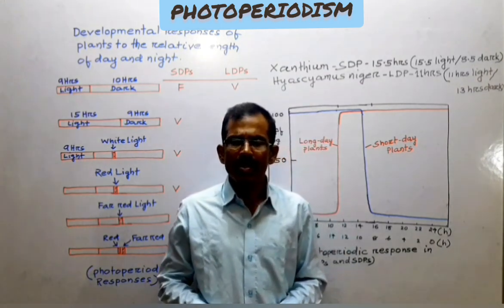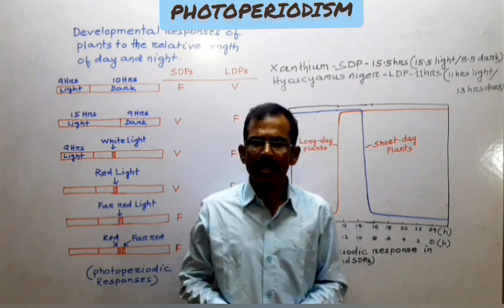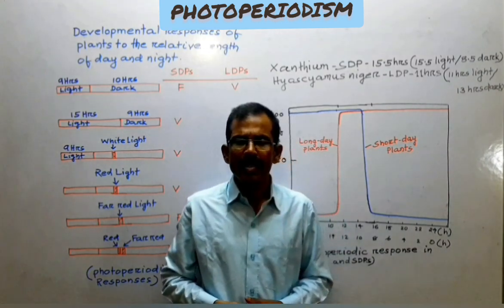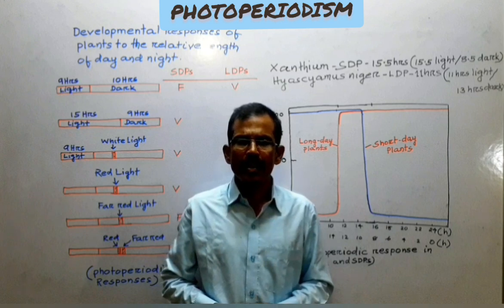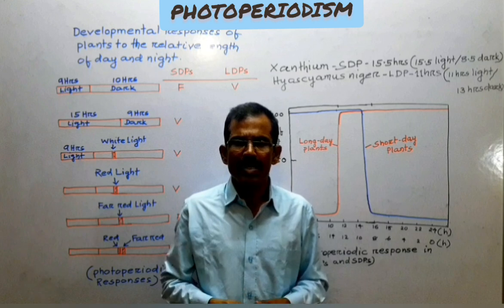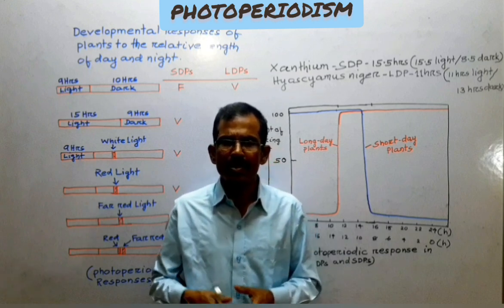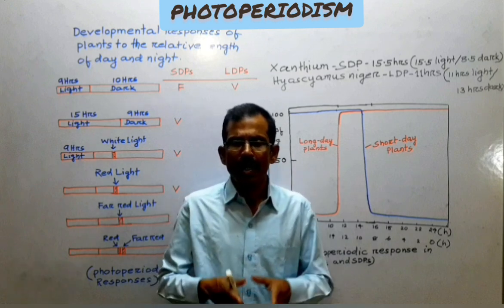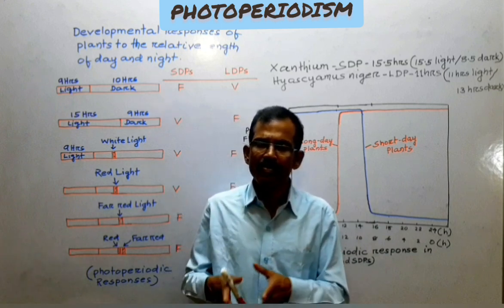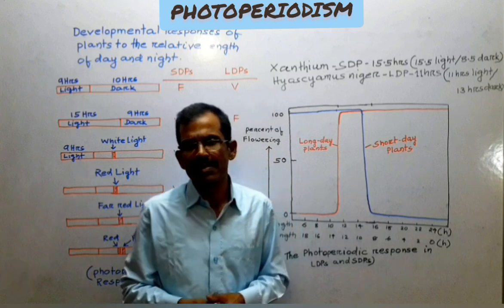Plants monitor day length by measuring the length of the night. Long day plants require a relatively short dark period for flowering. In fact, some of these plants flower best under continuous light. A long period of darkness has an inhibitory effect on flowering in long day plants.